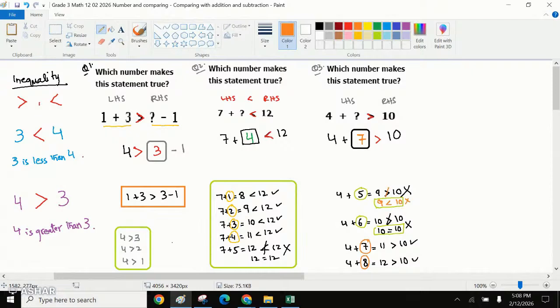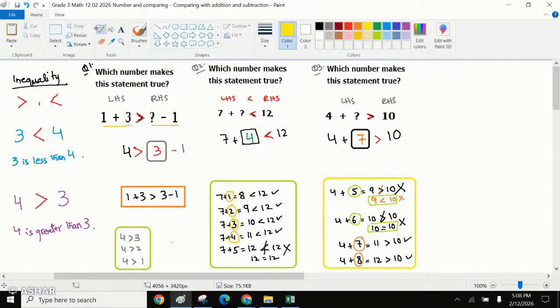And we know that 11 is always greater than 10, right? So these are the possible numbers. We can take any number, but the number has to be greater than 7. Okay, do we agree, Semi?